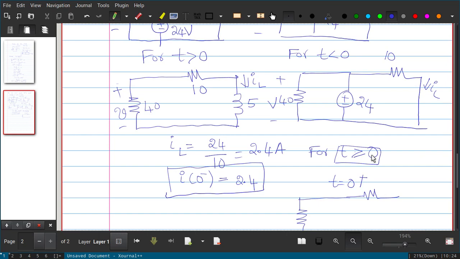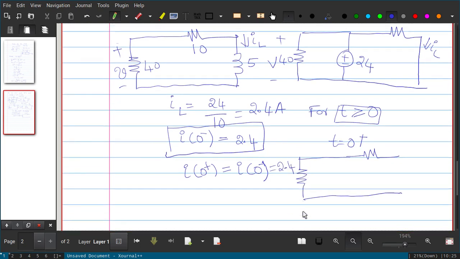So what is the meaning of that? Soon after the switch is open, that is at t equal to 0 plus, the current you get is the same as I of 0 minus, because current cannot change instantaneously. So that will be equal to 2.4 ampere. Though you have opened the switch, 2.4 ampere current tries to flow through the inductor.